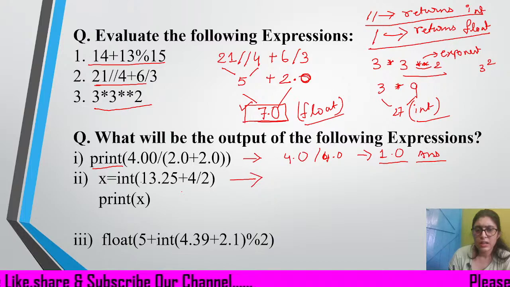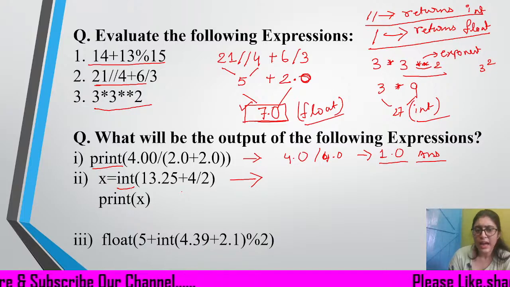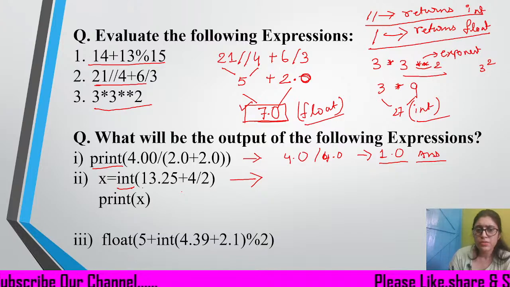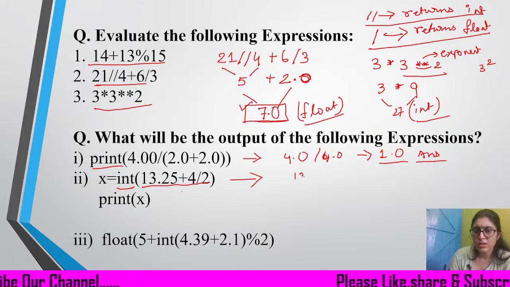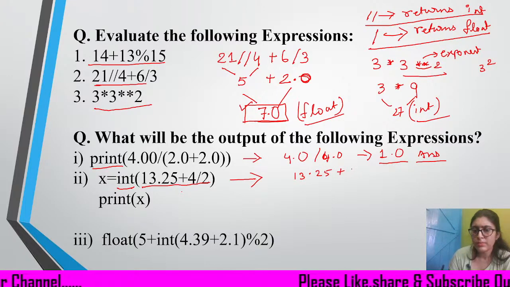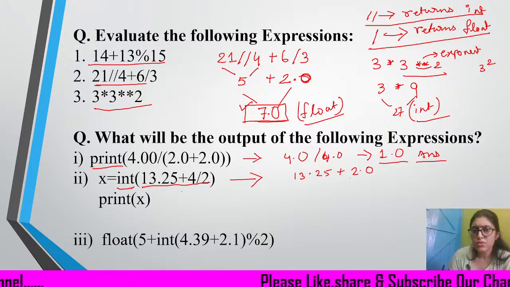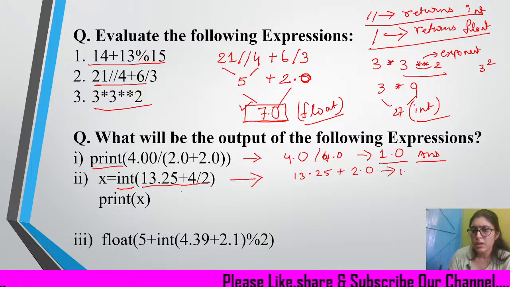Next is x, then int is written. This is called typecasting. Okay, students, this is called typecasting. So first we will see what will be the answer of this. See, 13.25 plus 4 divided by 2, what will it give? 2.0. Now if I do the sum of these two, 13.25 plus 2.0 will be 15.25.